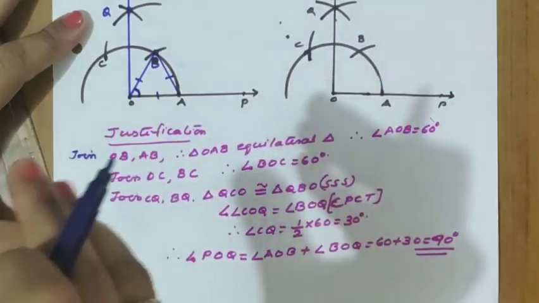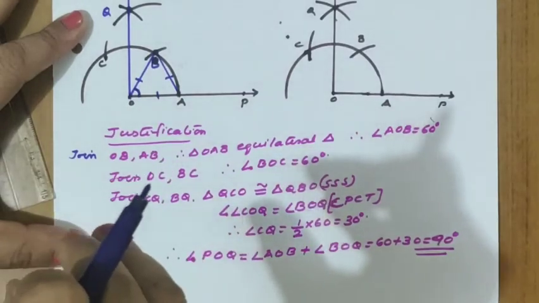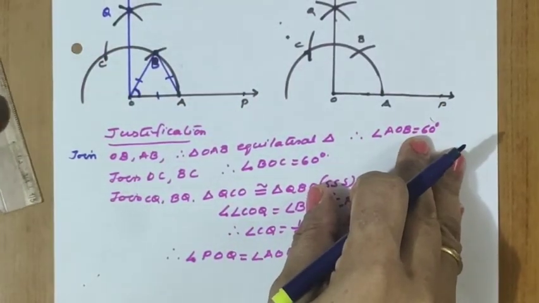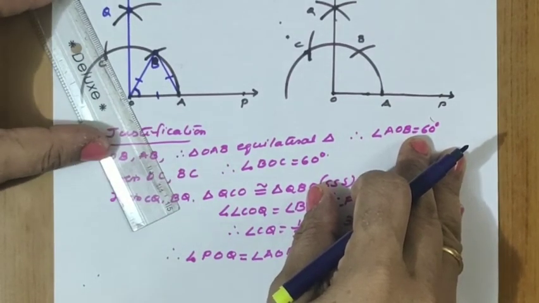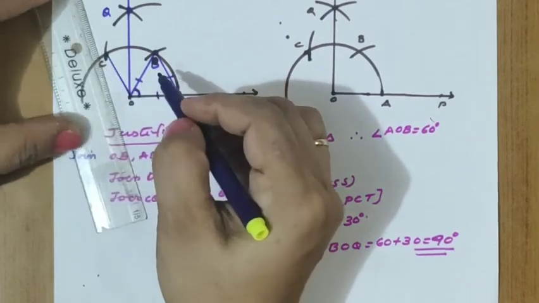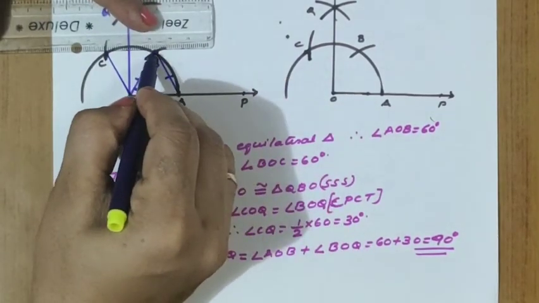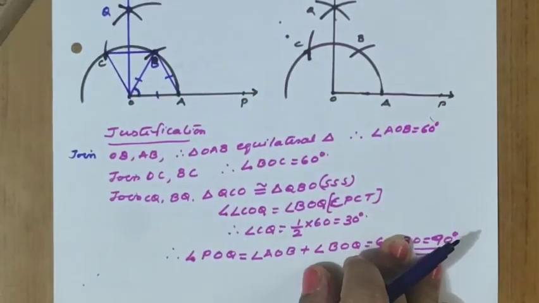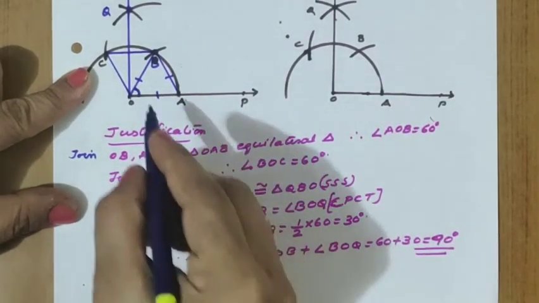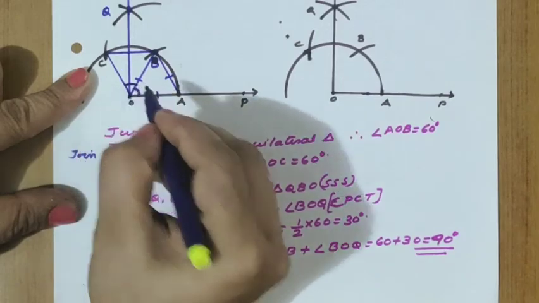In the same way, we already explained that we are not changing the radius anywhere in the construction of 90. So the same radius we are keeping, right? So if I join OC and BC, another equilateral triangle you are getting. Join OC and BC, angle BOC equal to 60 also.